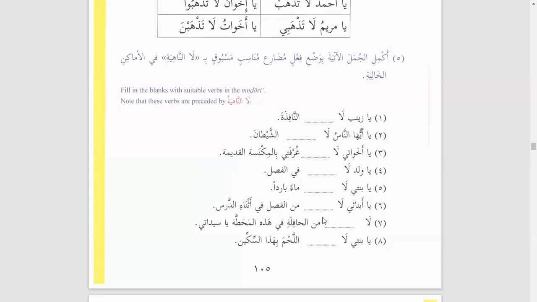Okay, so because we have min, so we have to bring in the verb that suits min. لا تخرجوا من الفصل في أثناء الدرس. Okay, what's the meaning of أثناء الدرس? During the class. During the lesson, yeah, during the class. So, oh, my sons, don't leave the class during the lesson.